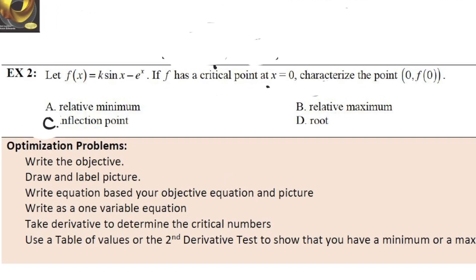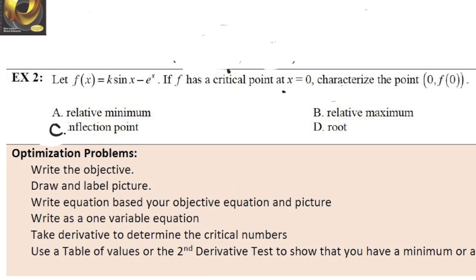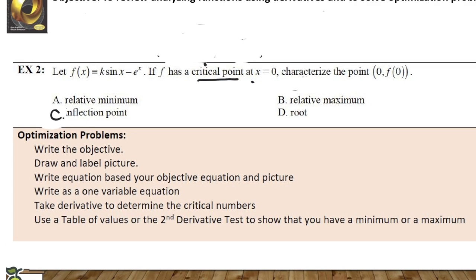For example 2, let's look at f of x. We know that f has a critical number at x equals 0, and we want to characterize the point 0, f at 0. So let's start by taking the derivative. F prime of x is equal to k cosine x minus e to the x. And we know that when we substitute 0 in, we're going to have a critical point.